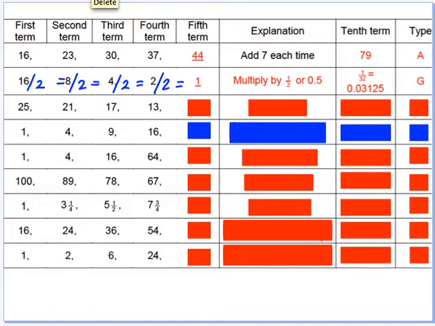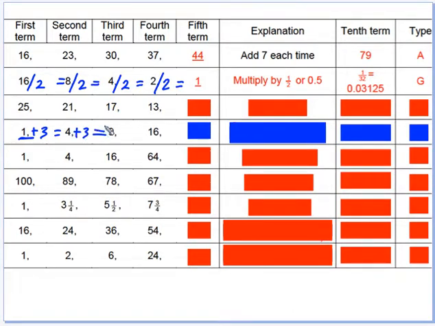Okay? So now we've done an example of an arithmetic sequence, and then a geometric one. Let's look at the next blue one and see if we can figure out what we're doing here. All right, so I go from 1 to 4. Well, if I add 3 there, I get 4. Let's see if I can keep adding 3.